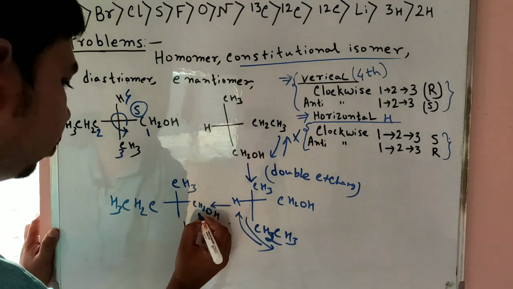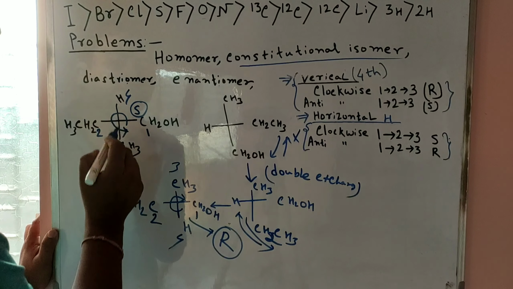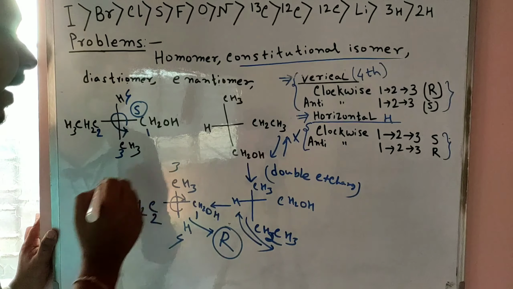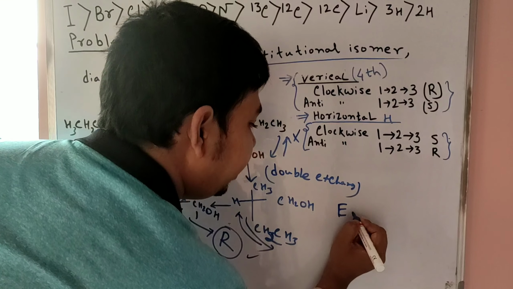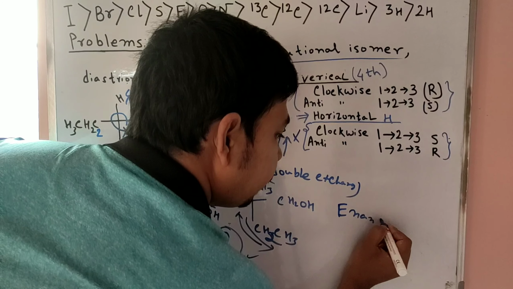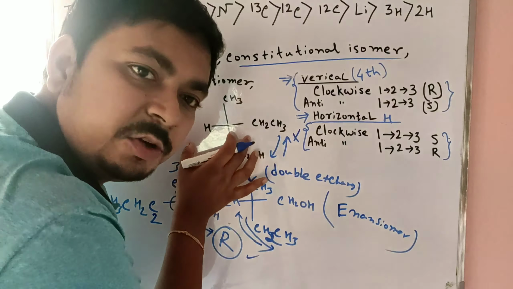So 1 to 2 to 3 is clockwise rotation. So this one is R configuration. Now hydrogen is vertical downside in one, and this one has hydrogen vertical upside. So here we can easily say that this center is converted from S to R, meaning an enantiomeric relation. Enantiomer, these two isomers are enantiomers.